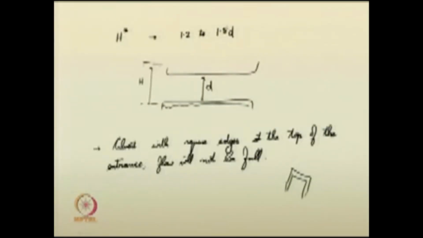Or it may act like a sluice gate. In the sluice gate, as you know, if the shutter is lowered, water will gush out, isn't it? A similar phenomenon may occur for such square edge types. Here the water may gush out like this and go on.